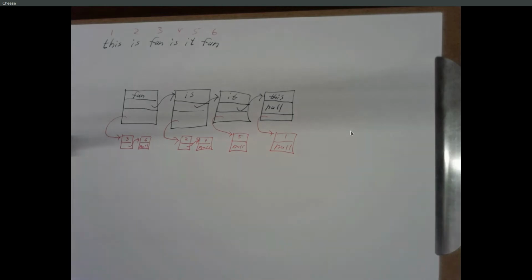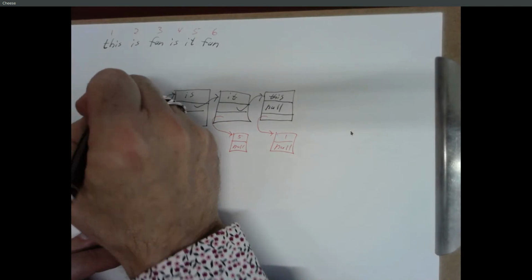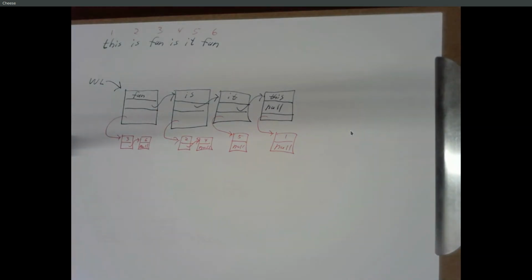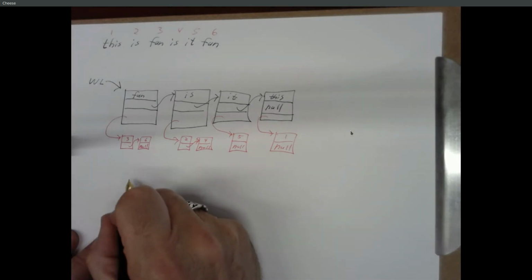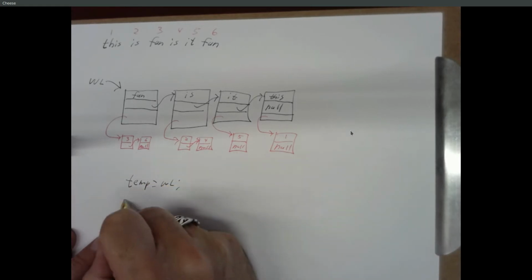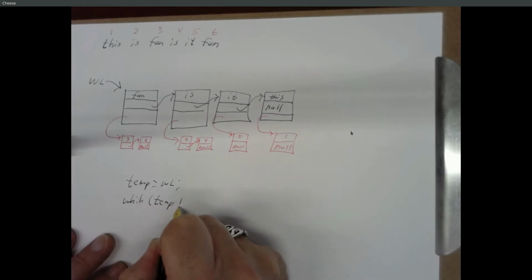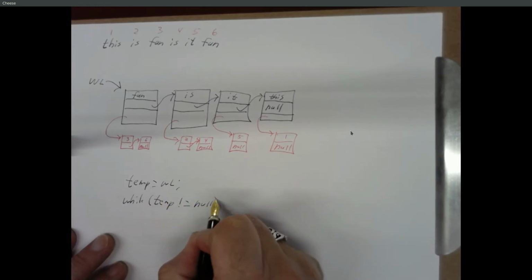But now, for example, suppose you are traversing, let's say this is WL, suppose that's the name of my word list. And I want to go through and print my index. So I could do something like temp equals word list, while temp is not null. And this is sort of pseudocode.